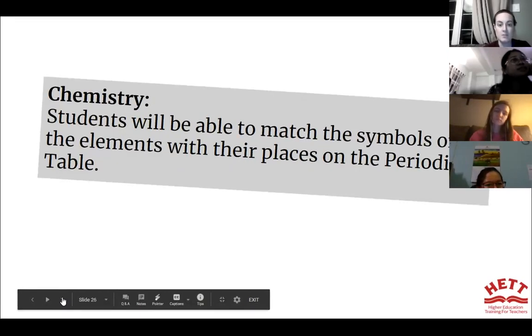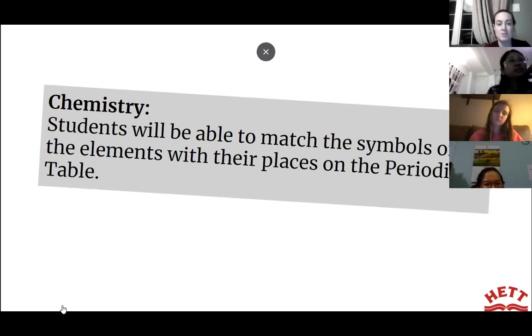This one, chemistry. Students will be able to match the symbols of the elements with their place on the periodic table. Is this strong or weak for a whole course goal?